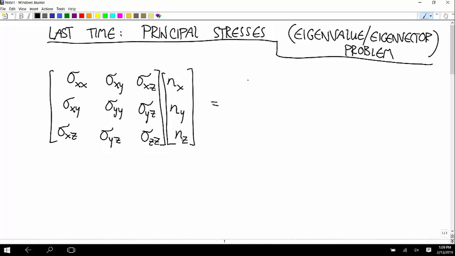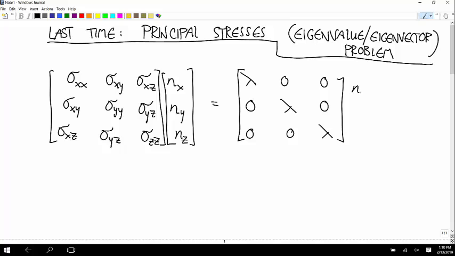So this is equal to this times the same normal vector. And by the way, that's just a different way of writing a constant times this vector.